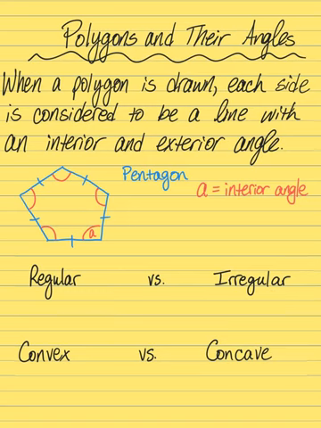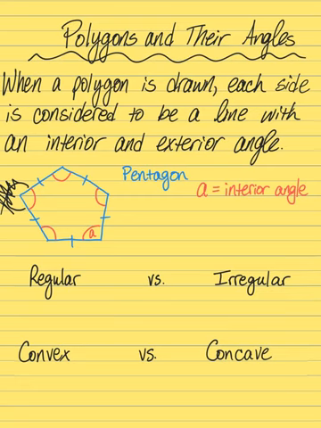We also have an exterior angle, and one of the common mistakes is thinking that the exterior angle is the total outside angle, but that's not right. We don't want that. An exterior angle is the angle on the outside, but it's corresponding to a single line.